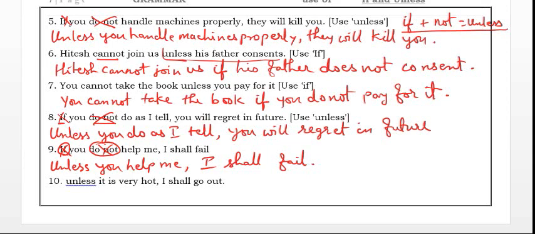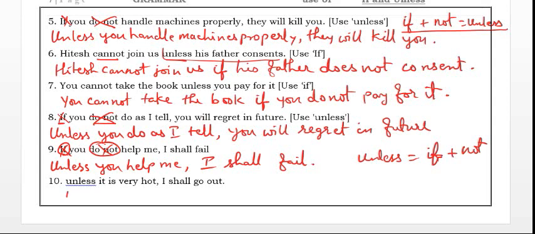Unless it is very hot, I shall go out. So unless is positive. So unless is equal to if plus not. If plus not.